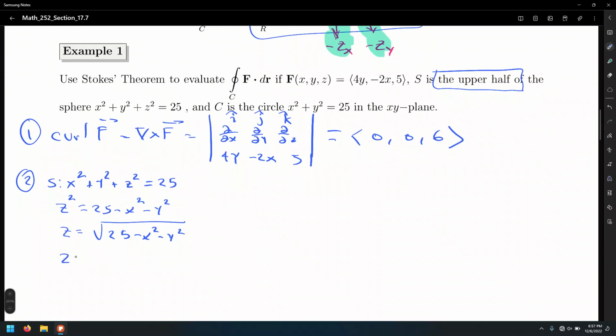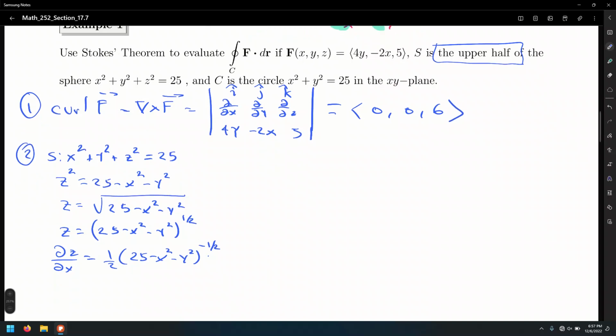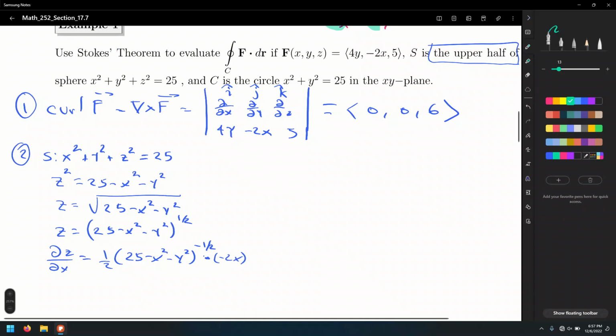I would like to rewrite this as 25 minus x squared minus y squared to the 1/2. The partial of z with respect to x is 1/2 times 25 minus x squared minus y squared to the negative 1/2. By the chain rule, we differentiate the quantity inside the parentheses with respect to x. That is 25 and y, everything else is constant, so we get times negative 2x. And check how the 2's cancel right here.